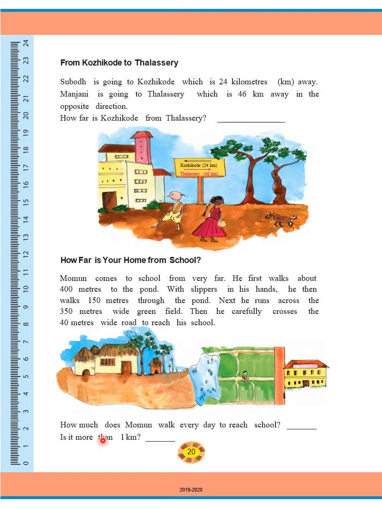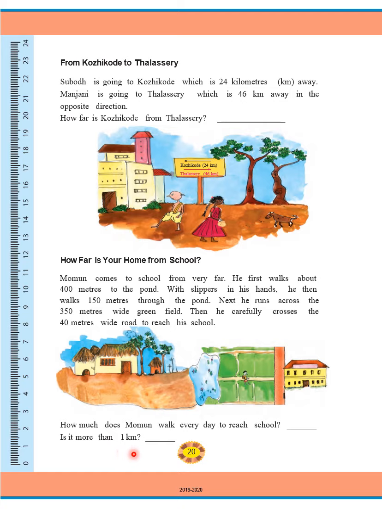So the first question is, how much does Momun walk every day to reach school? For this we will add 400 meters and 150 meters, then we will add 350, and last we will add 40 meters, and in total we get the answer, that is 940 meters.